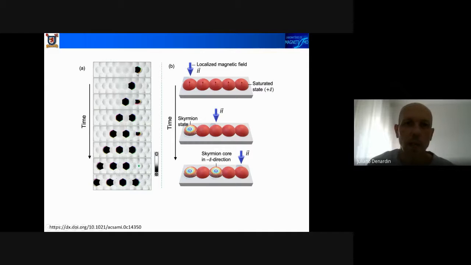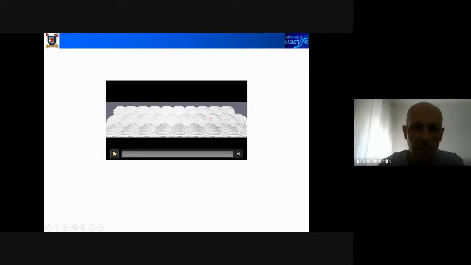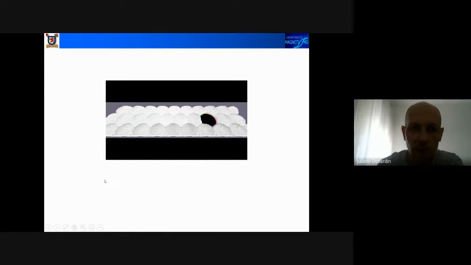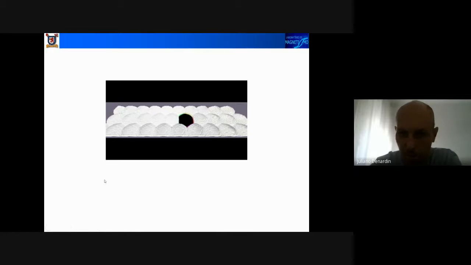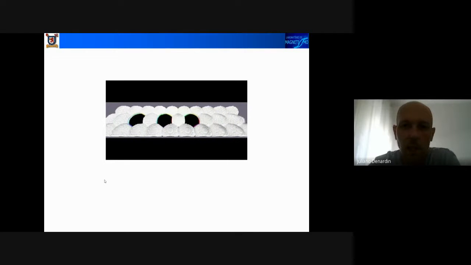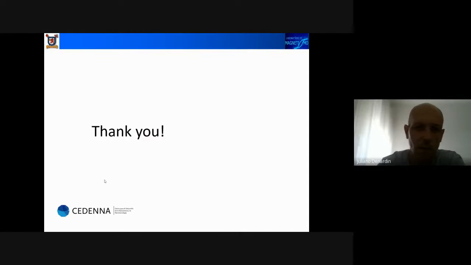We can nucleate a skyrmion at some position, and if we move the track or the tip, we can nucleate several skyrmions, and they will become stable on top of the surface. We did a simulation of this, here. This is a simulation of this racetrack where we can nucleate skyrmions, and they remain stable on the racetrack, and we can nucleate and erase the skyrmion with the localized field. Okay, thank you very much.